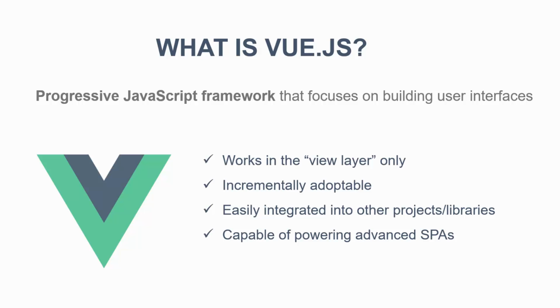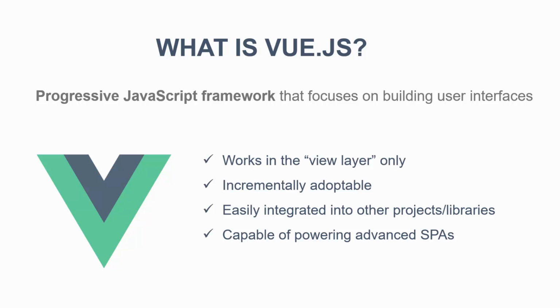So what is Vue.js? It's defined as a progressive JavaScript framework that focuses on building user interfaces. And it's important to know that Vue works exclusively in the view layer of the application, so anything to do with the user interface. It doesn't care about the model or database or anything else, at least on its own.